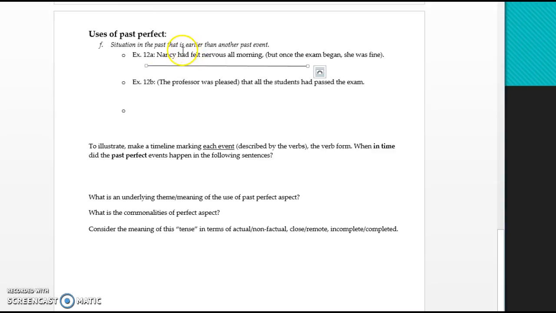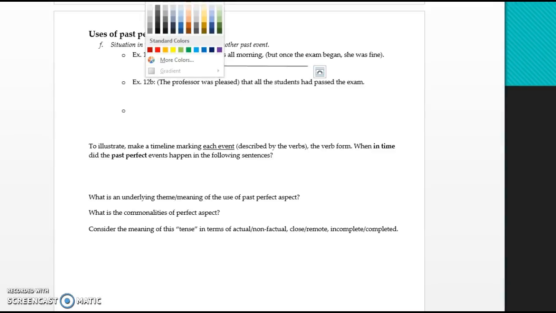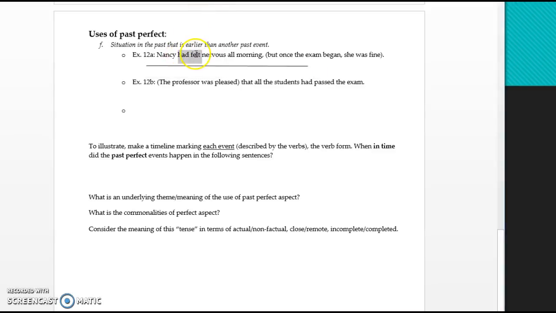And in this timeline, if we look at all the verbs, we have had felt, right? And the exam began, we have another verb, and she was fine. So we have 3 verbs in this sentence. Where would you put them on the timeline? Each of those verbs.